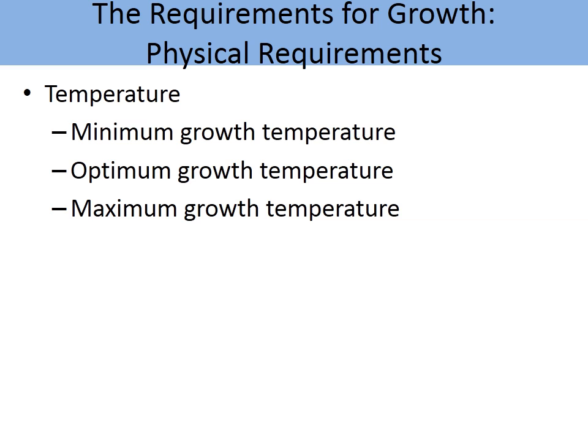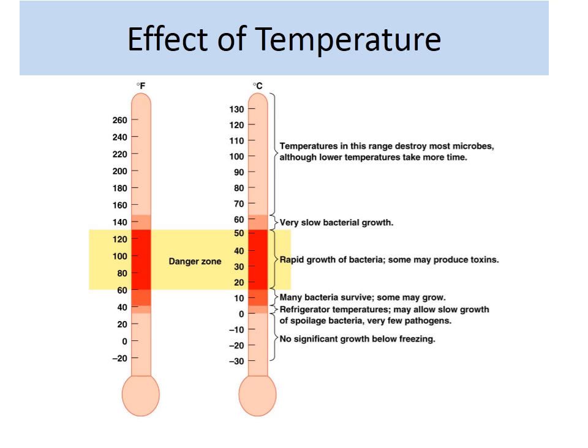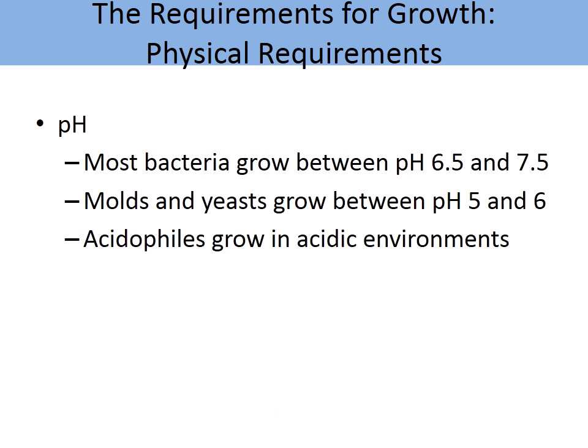So there is a definitive influence of temperature. Most of the temperatures that we work with are where there is rapid growth of bacteria. It's called the danger zone. If you go up, you can boil and get rid of bacteria, or you can go down and stop the progress of bacteria.